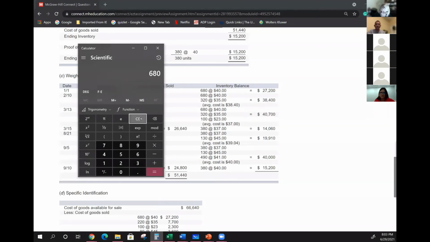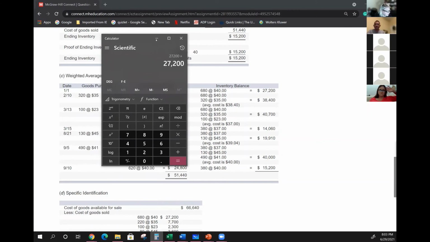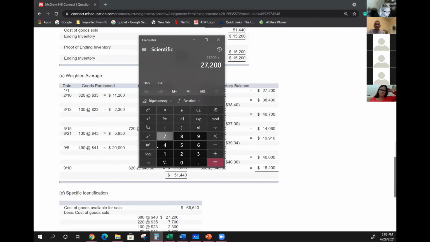So you're going to have 680 times the 40 units. That's your 27.2, which shows you in this top line. Then you purchase the 320 at 35. So we have 320 at 35, which they're telling you when you calculate it out is 11.2. So I'm going to add that.